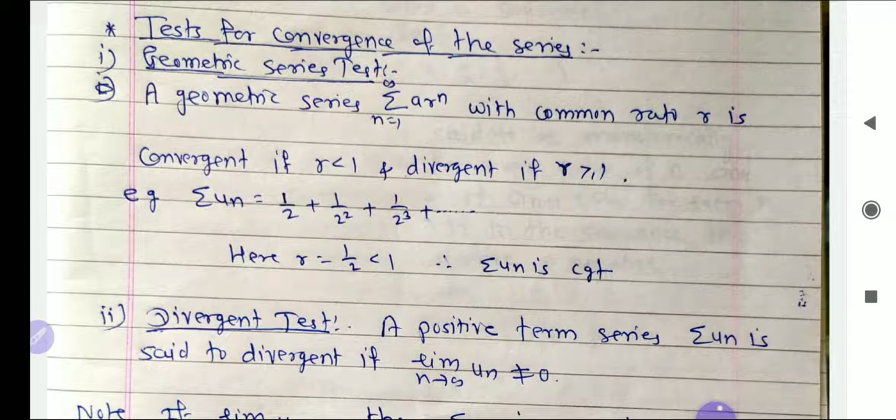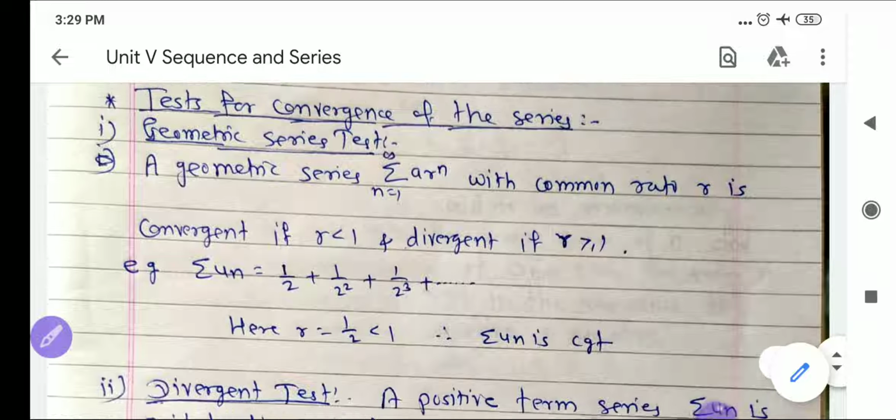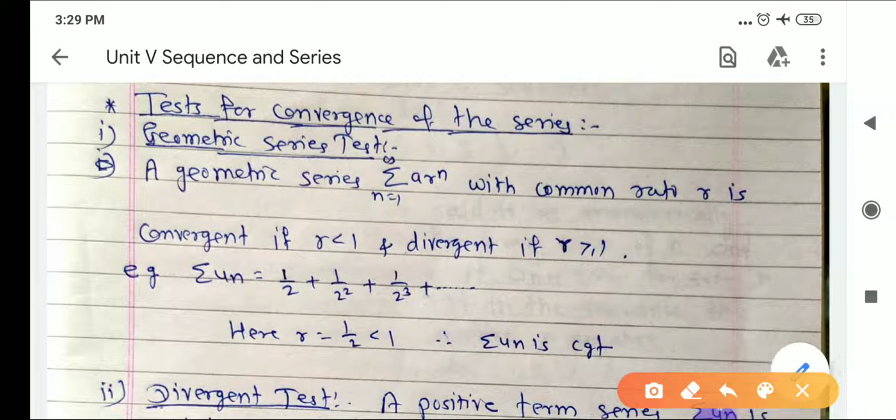Okay, so tests for convergence of a series. The first test is the geometric series test. I think you know geometric series. How do we check whether a geometric series is convergent or divergent? Using the geometric series test.